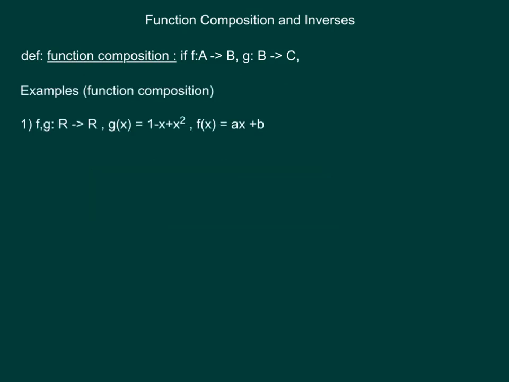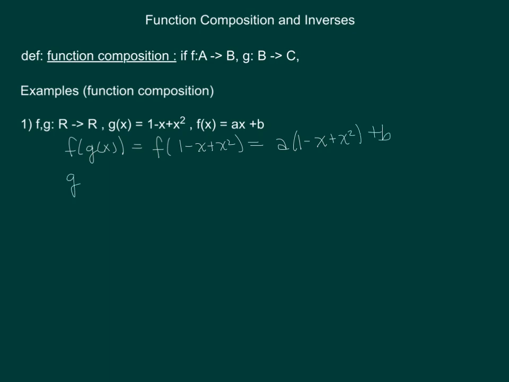Examples of function composition. Our first one, we have f and g as functions from real numbers to real numbers, where g of x is equal to 1 minus x plus x squared, and f of x is equal to ax plus b. We can look at f composed of g of x, which is f of 1 minus x plus x squared, which is equal to a times (1 minus x plus x squared) plus b.